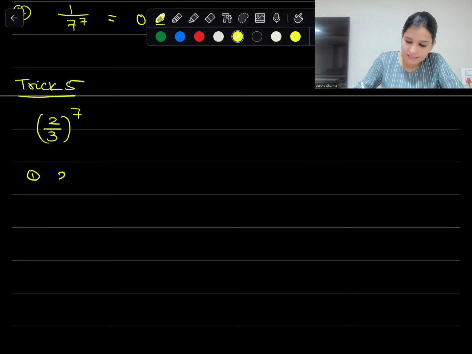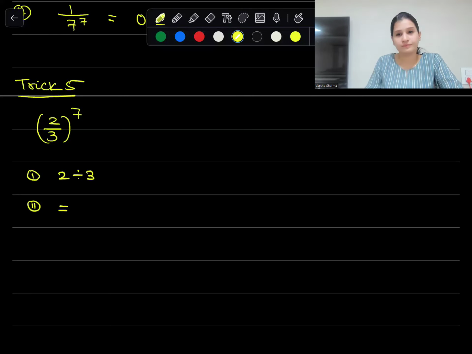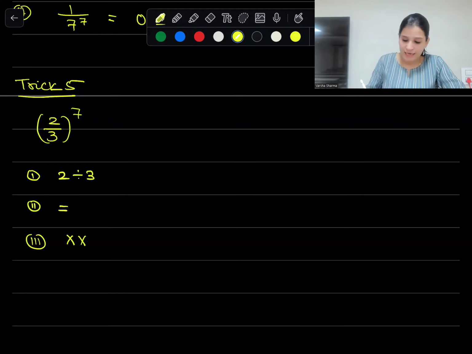Step 1, we'll calculate 2 divided by 3 and press equal to. Third step, we'll press multiplication once or twice, whatever works in your calculator.